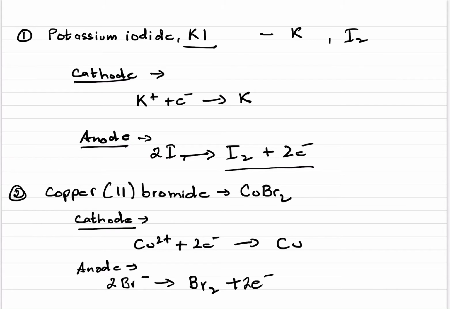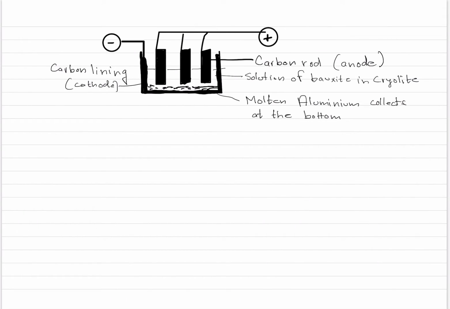So oxidation will take place at the anode, and at the cathode, reduction. So these are 2 examples. We can do more examples, and let's concentrate on another example of a very important metal, that is the extraction of aluminium.